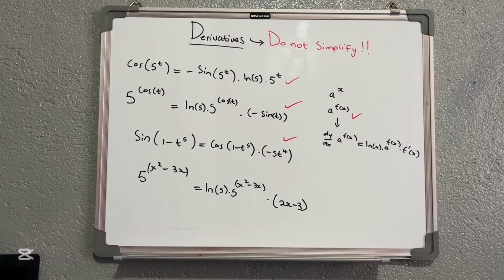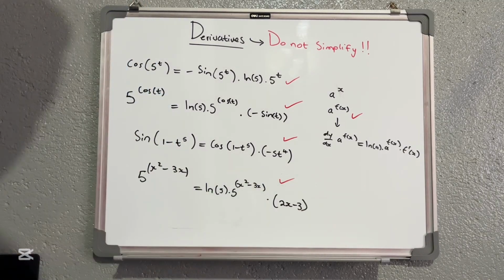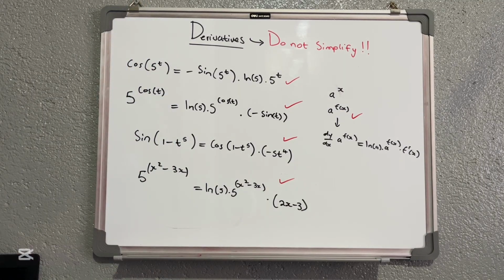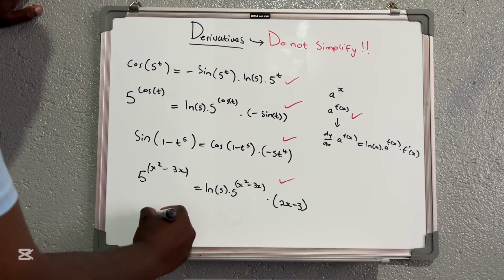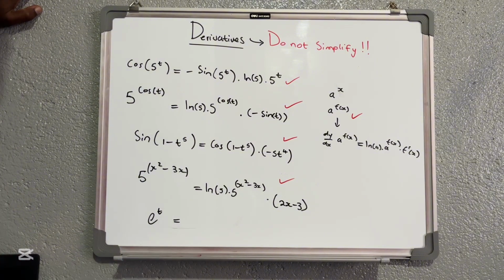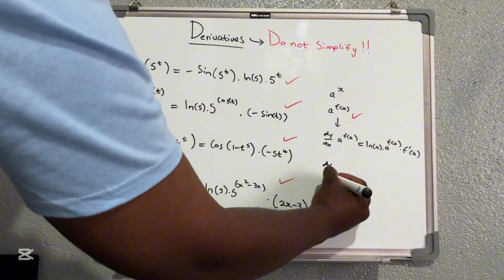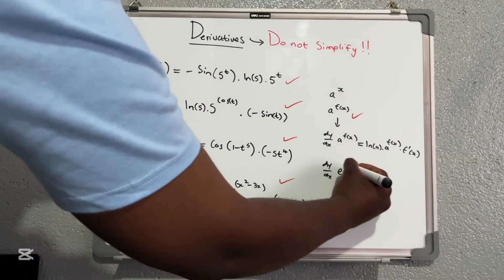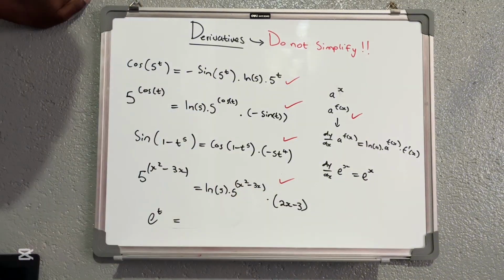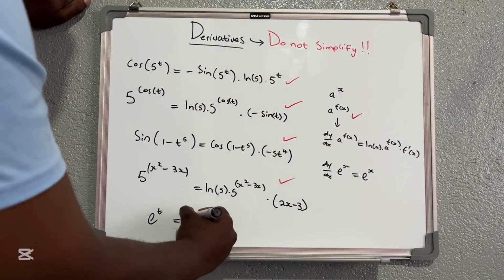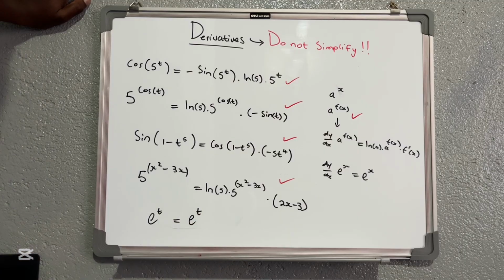So I think so far we've done a lot of examples on derivatives. Now, one that they might ask is something like e to the exponent t. If they say find the derivative of e to the exponent t, the derivative of e to the exponent x is the same as e to the exponent x. So here you're just going to say this would be e to the exponent t.